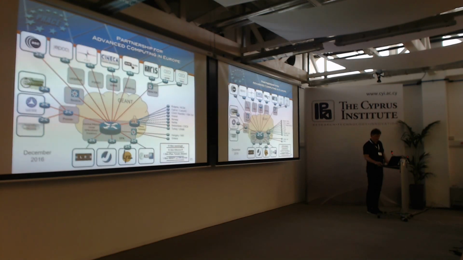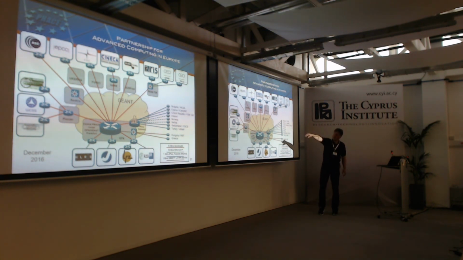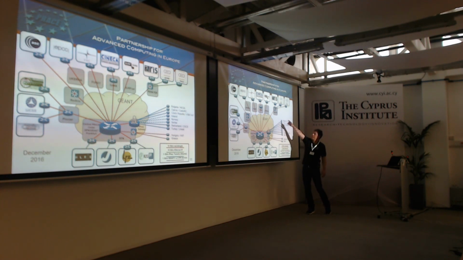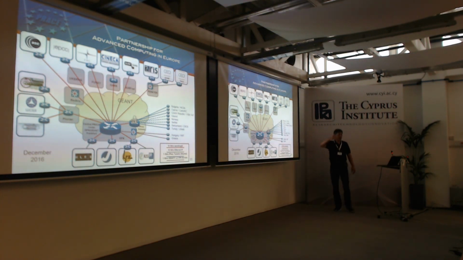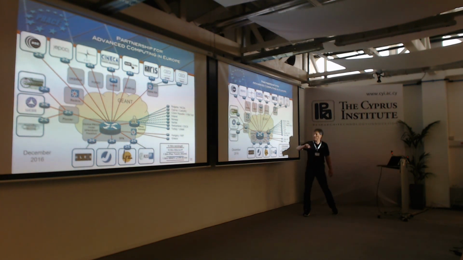So at the end, that's what we implemented, and you see here it's not a clean state, the red lines are those wavelengths. Sometimes, for example in France, they end at the edge of France, and then have an Ethernet connection to the different partners. Here, we saw after some years that not everyone needs 10 gigabit.